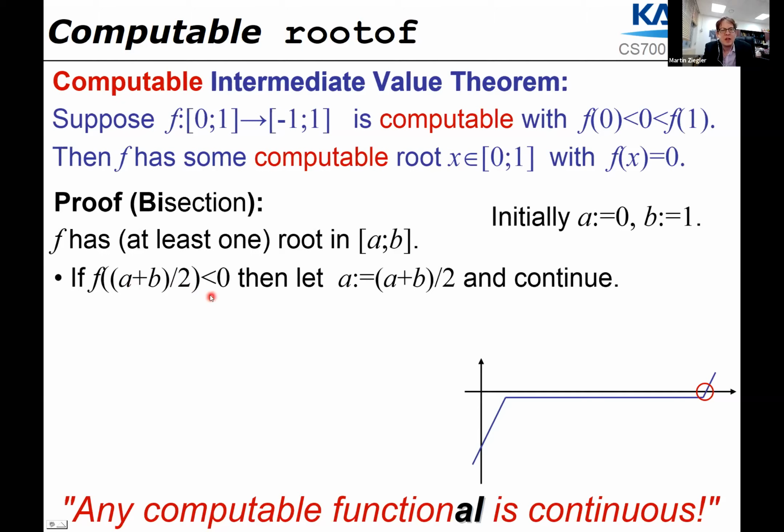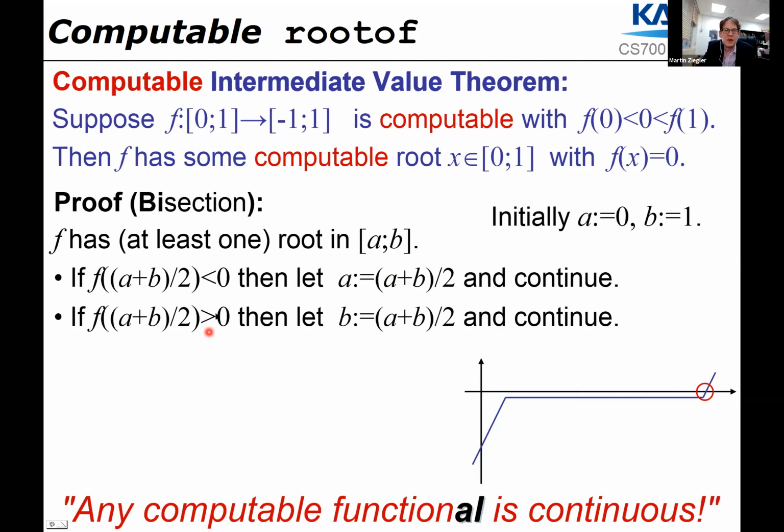If that value is negative, then we're going to proceed to the right subinterval. We're going to increase the left bound to the midpoint and continue this iteration. If the sign of the function at the midpoint is positive, then we're going to recurse to the left subinterval.